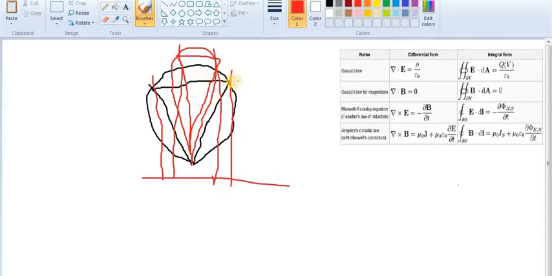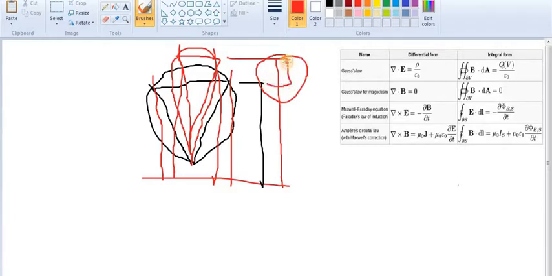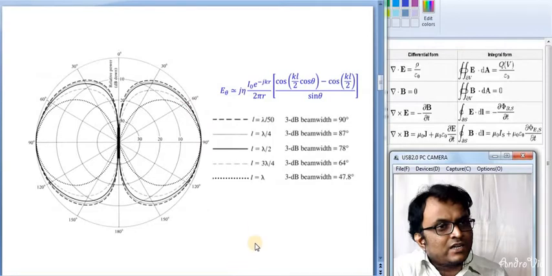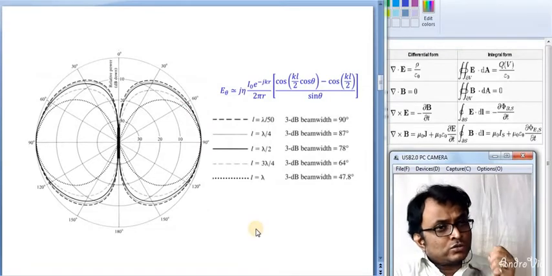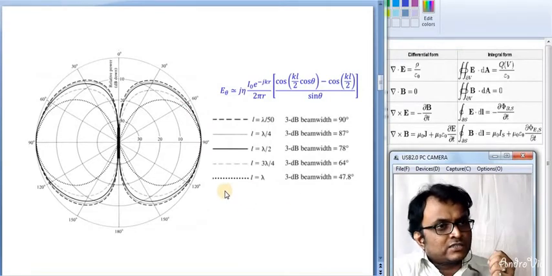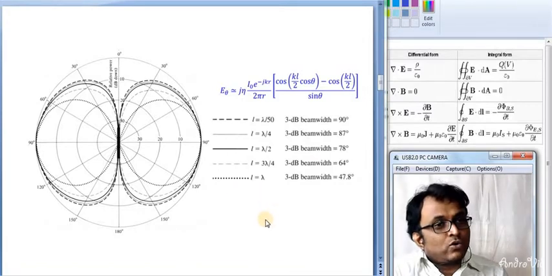The first case, the black one, goes up to this distance, whereas the second one can go further. So as the antenna array length increases, I can communicate over further distances as well.